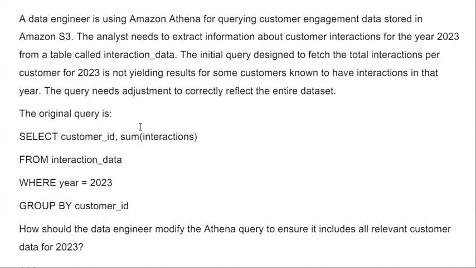For this, the answer is you need to add a left join with another table that lists all customers. First it needs to get all the customers. Then from all the customers, this query can pick one by one customer ID and then execute, so that whatever query we are executing will be executed on all our customers.